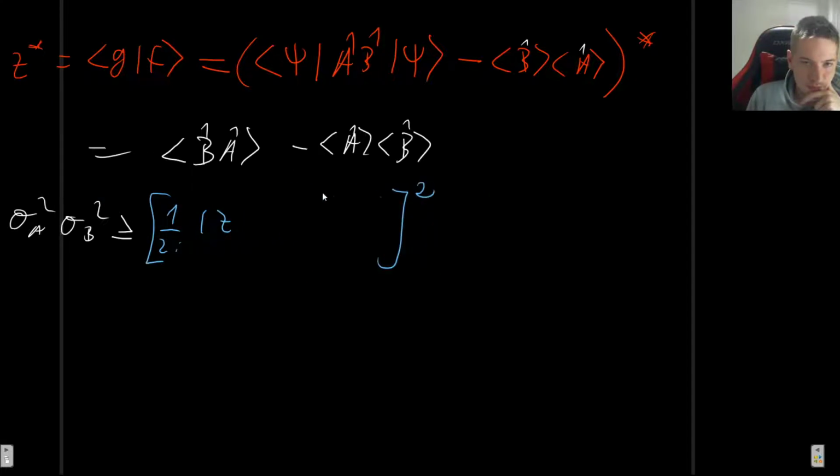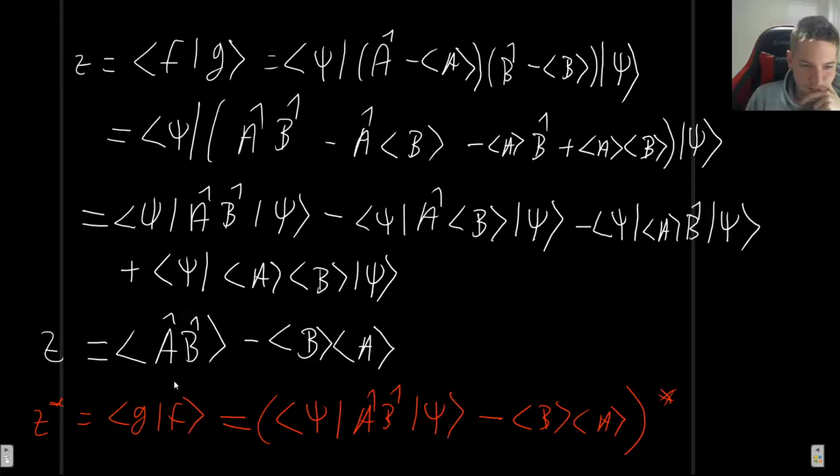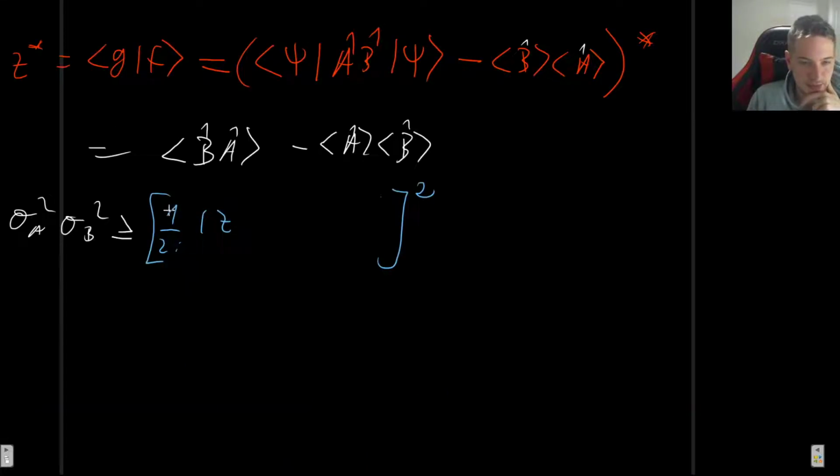Well, Z, as we saw, is this right here: the expectation value of AB minus expectation value of A, expectation value of B. I flipped it here because, as I said, I like it better this way, but it doesn't matter. And then we have minus Z conjugate, which is going to be expectation value of BA.